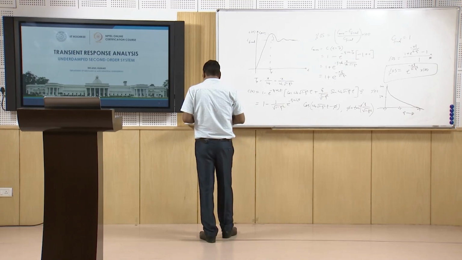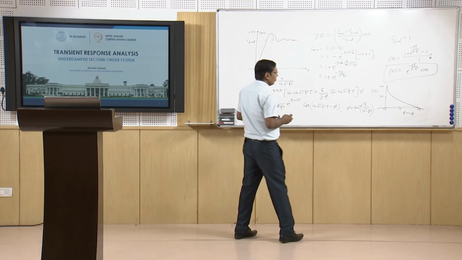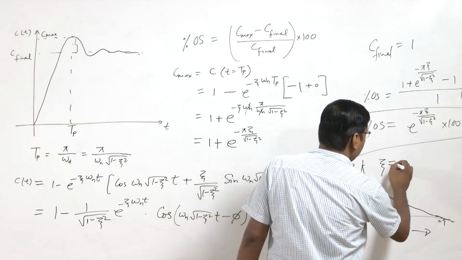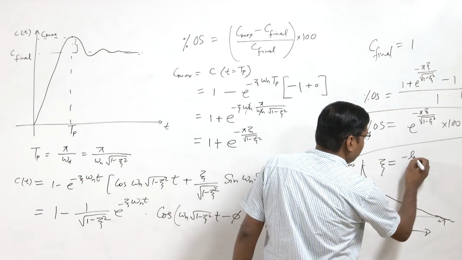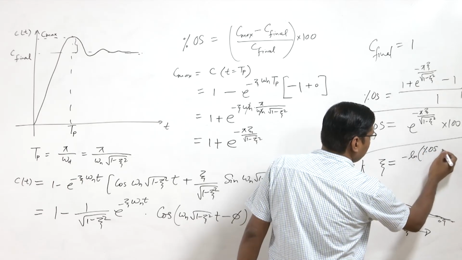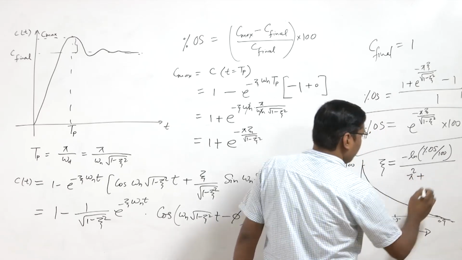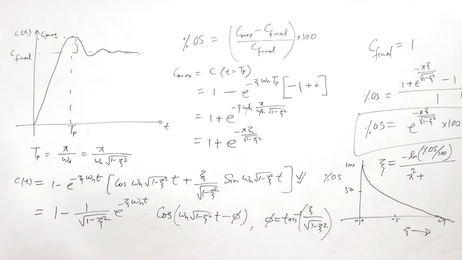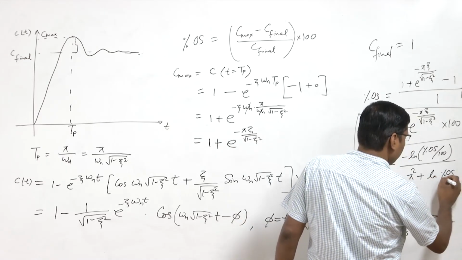Now here we can also write, from this, we can take log and we can write damping here, and that is minus ln percent overshoot by 100 upon square root of pi square plus ln square percent overshoot by 100.